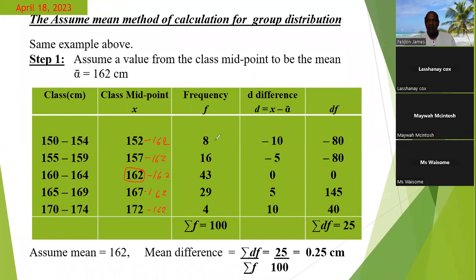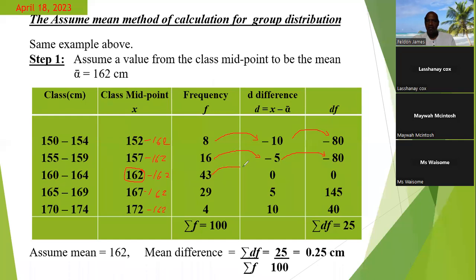So for this mean difference, you use 8 times -10, and that would translate into -80. We have 16 times -5, and that would give you -80.